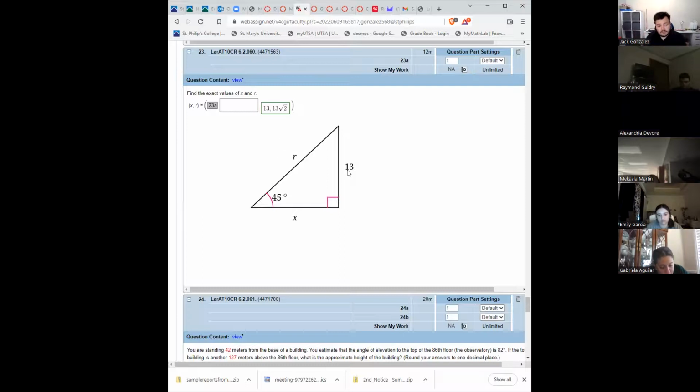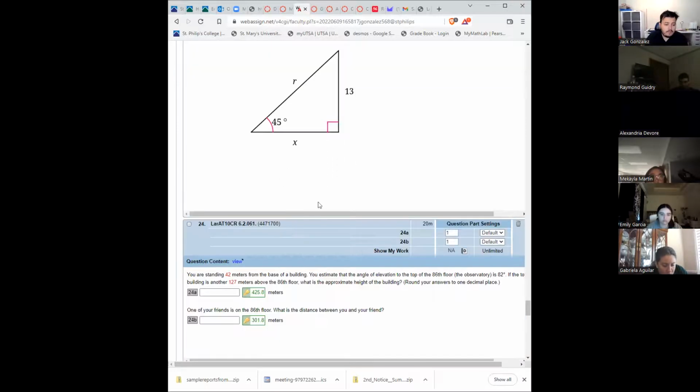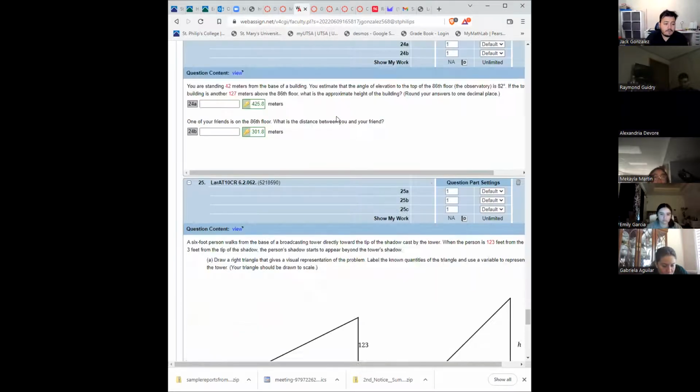So I would do sine first, because sine is opposite over hypotenuse, which means I have one unknown and I can solve for it. Once I solve for that guy, well, I could do Pythagorean theorem, or I can then use cosine. So it doesn't matter. But you need to choose the correct functions depending on what's happening. Okay. Ready?